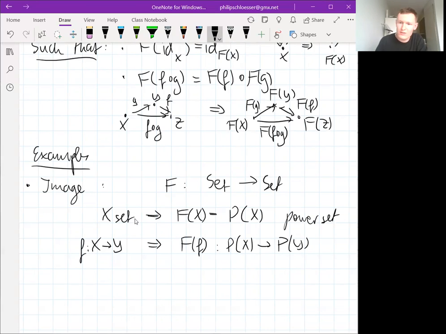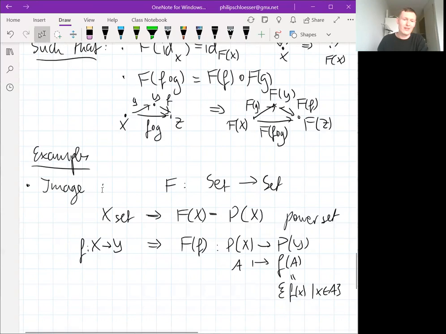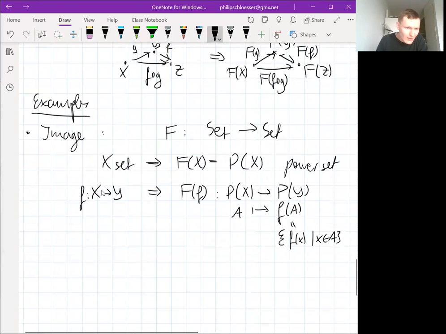And since I've already told you that we call this the image functor, a natural thing would be to send A to f(A), the set of f(a) for a in A, the image of A under f. And yeah, it's a functor, just because, I don't know, something one, if ever, shows at the beginning of set theory.